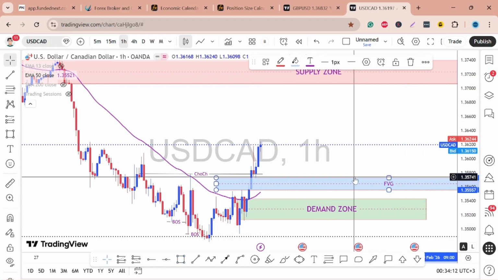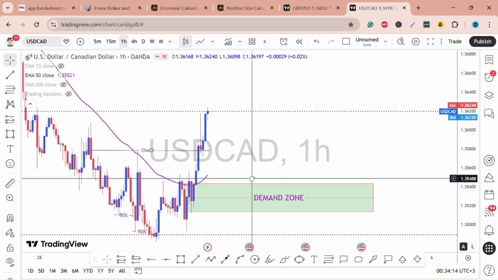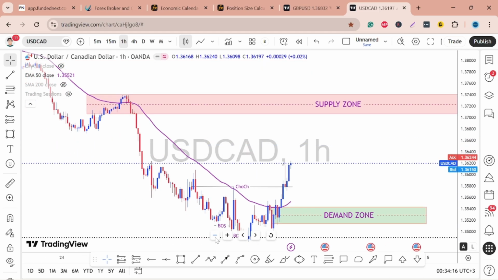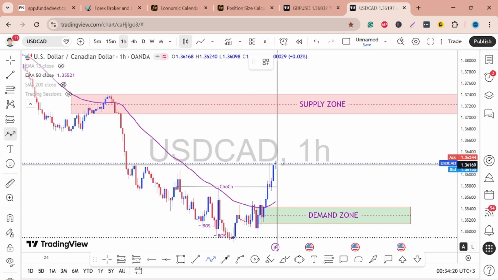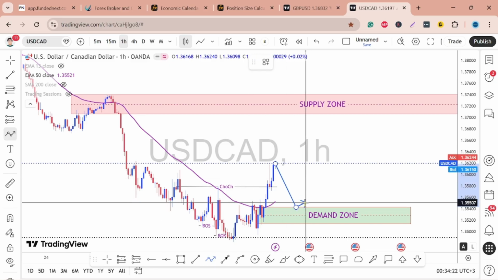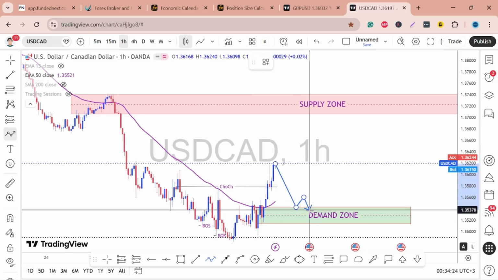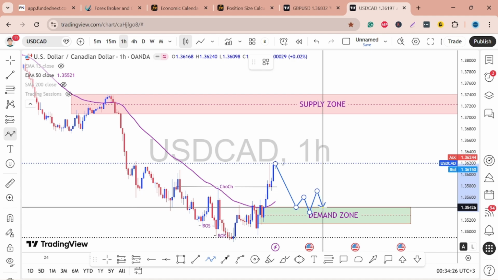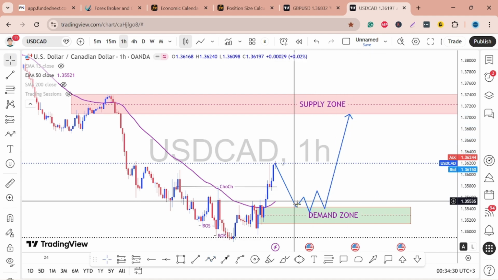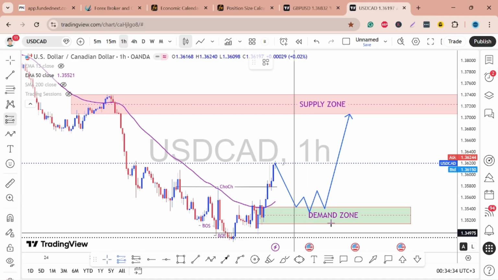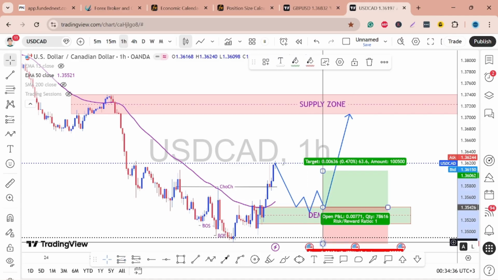So if you're looking to take a counter trend move for USD CAD before we get to the next supply zone, I think this would be an ideal point to get your buy position. Once we have this kind of structure on the lower time frame, then you can get your position here.